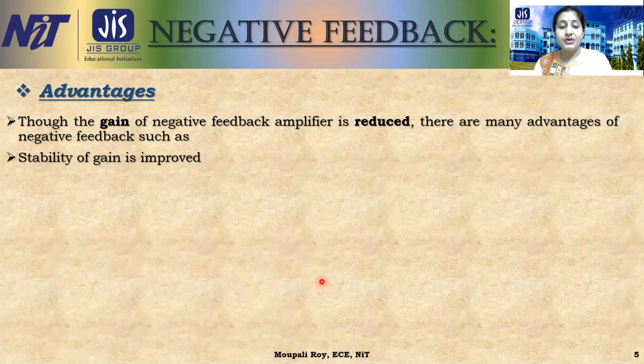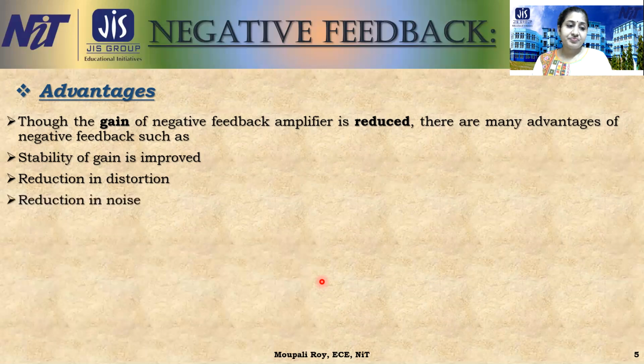If the gain is reduced, we think this is a stable system. Then there is the reduction of distortion. If the stability of the gain is improved, then the distortion is also reduced.